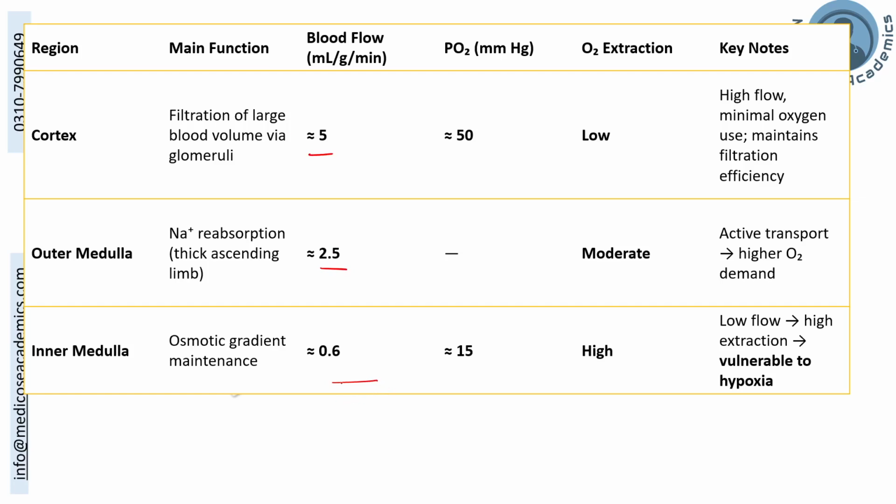And you can also see the oxygen extraction ratio, because very low amount of blood is reaching the inner medulla, so it has to extract a higher amount of oxygen. And that is why inner medulla is most vulnerable to hypoxia. You can recall the concept of renal papillary necrosis that we saw in the session on the renal blood supply during physiological anatomy of kidney discussion.